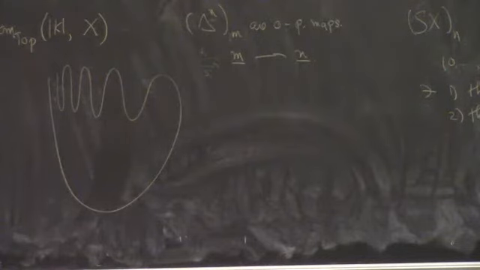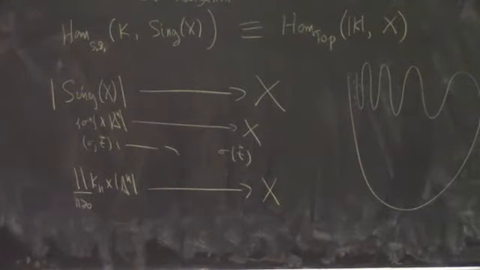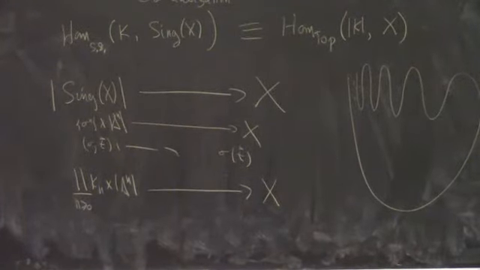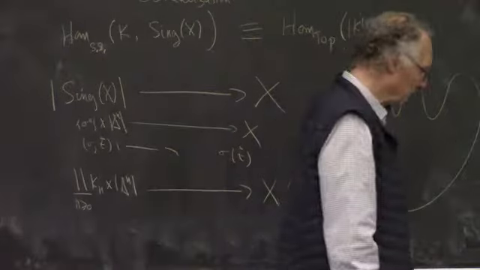Even then, this is much bigger. Is it a homotopy equivalence? That's the point. If X is a CW complex, this is a homotopy equivalence. If X is an arbitrary topological space, it's a weak homotopy equivalence. But it is a CW complex.